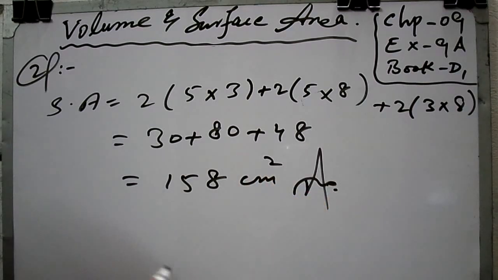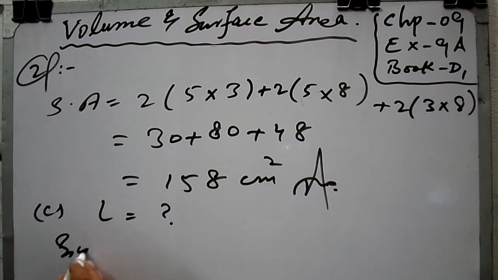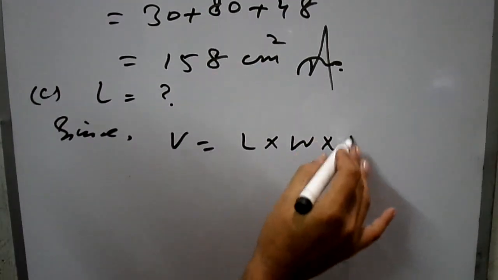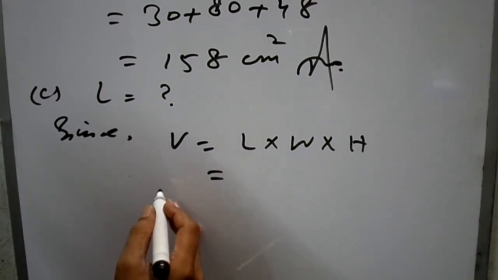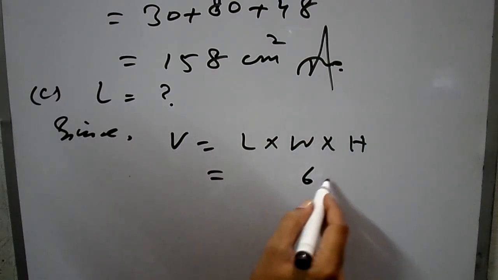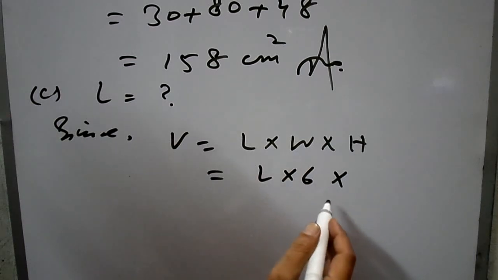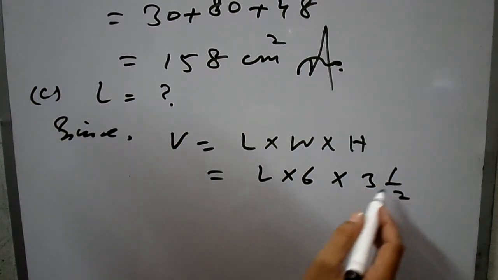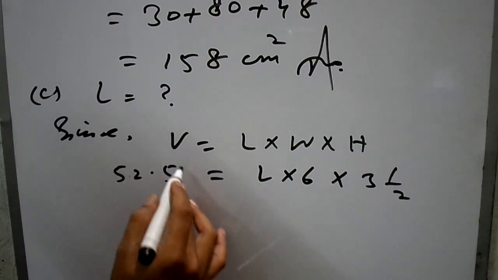Similarly, in C part, you have to find the length. Okay, now you have to calculate the length. Since you have the formula that volume is equal to length into width into height. So width is 6, we have to find length, and height is 3 whole 1 by 2, and volume is 52.5.